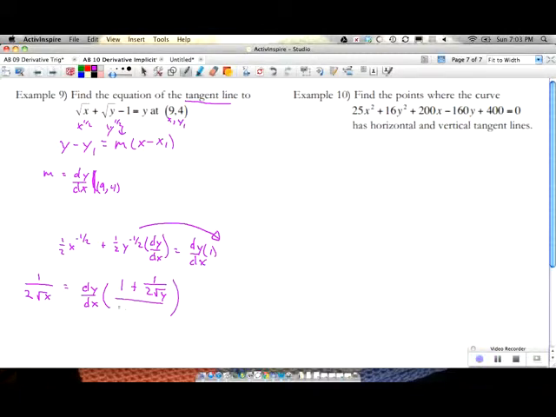So I'm going to divide by that to get the dy/dx by itself. 1 plus 1 over 2 square root y. So I divide by that over here. 1 plus 1 over 2 square root y.